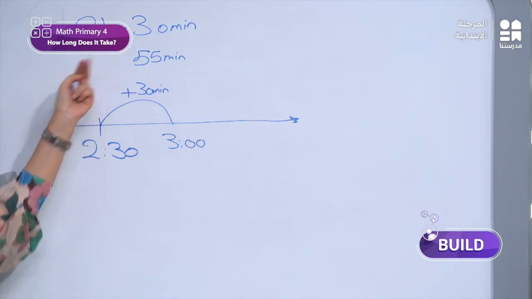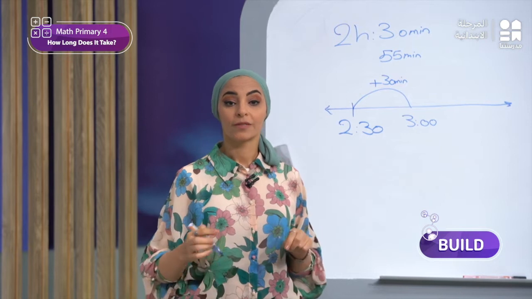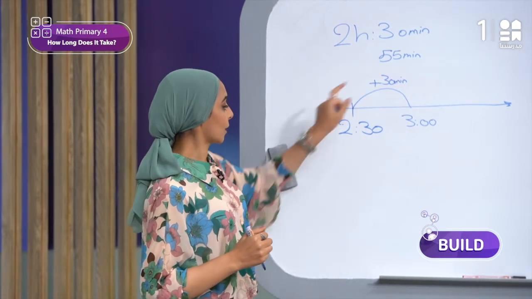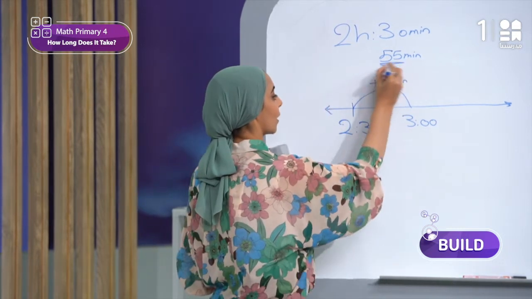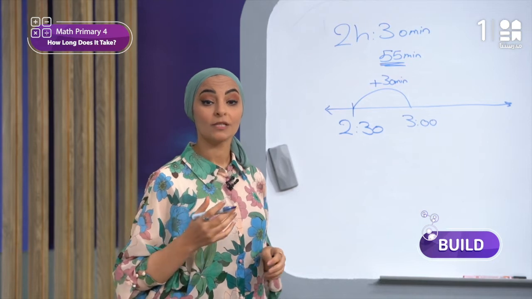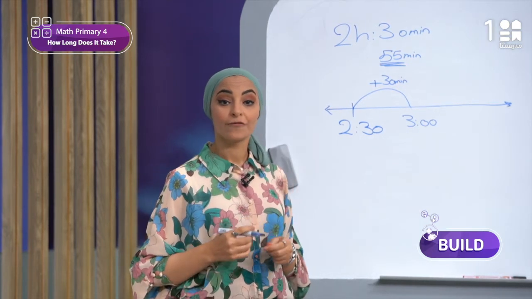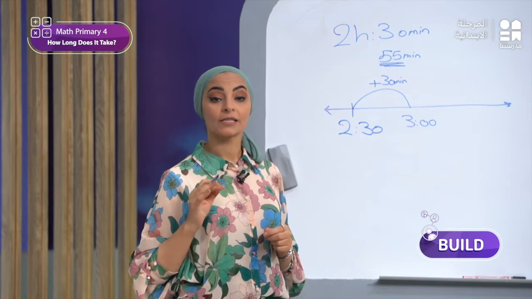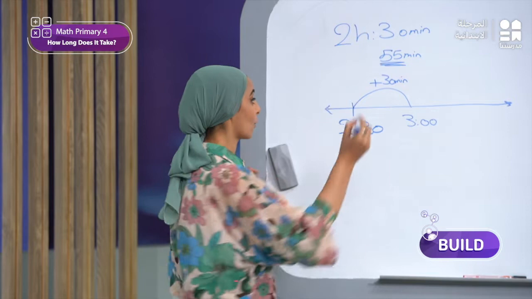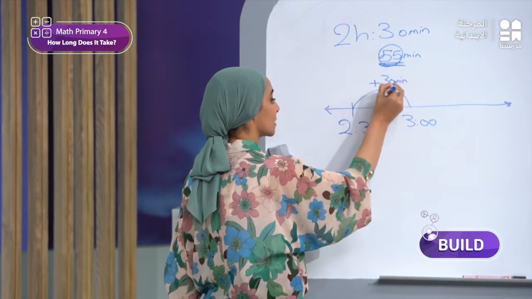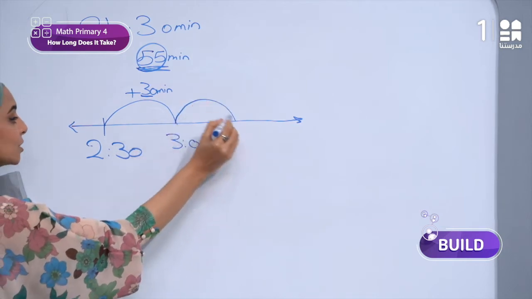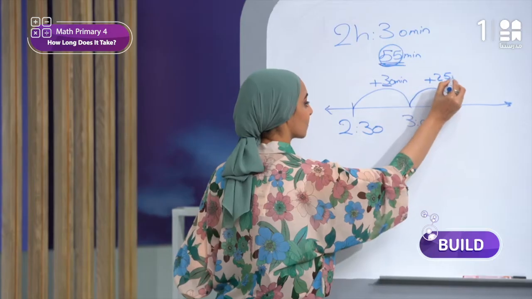طيب هو أنا عايزة 3 hours only؟ No. Sorry. Now I want to reach 55. Right? طيب فاضل لي قد إيه؟ Yes, فاضل لي قد إيه؟ We'll subtract the 30 minutes from 55 minutes. طيب يبقى عندي I will have 25 minutes left. مش أنا لو عملت 55 minus 30 هتديني 25 minutes؟ أوكي. يبقى أنا محتاجة كمان أمشي 25 minutes.